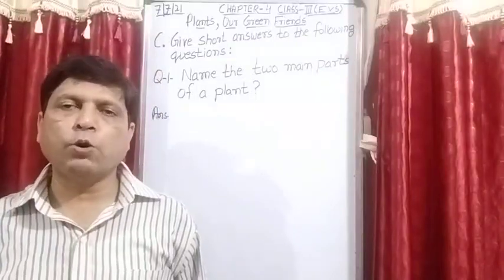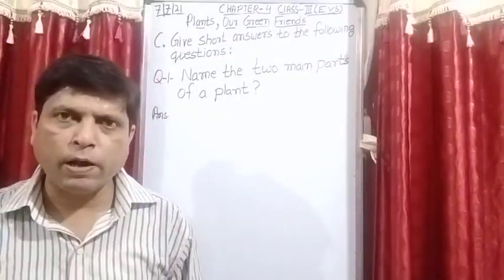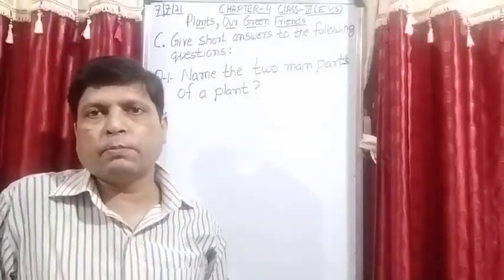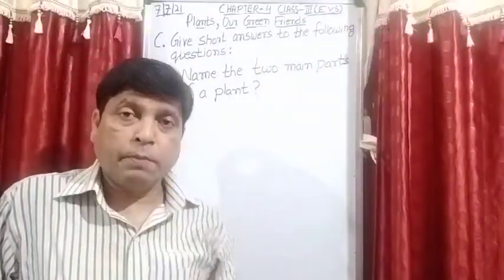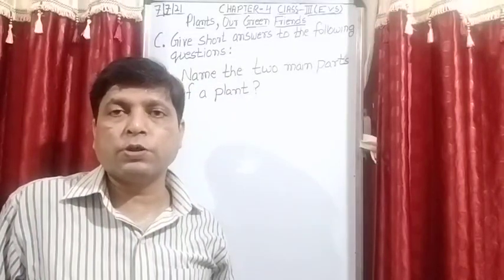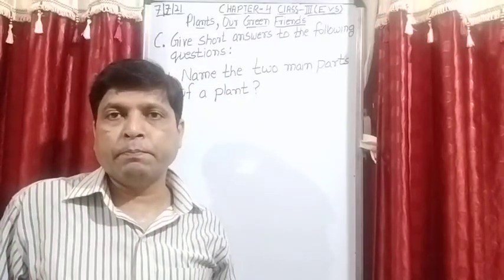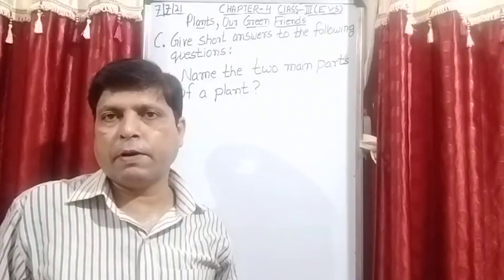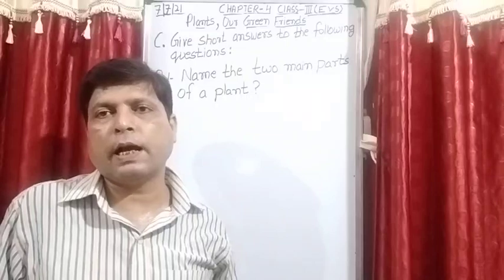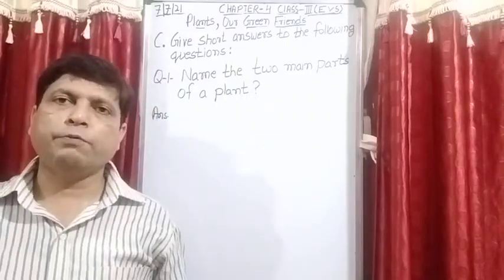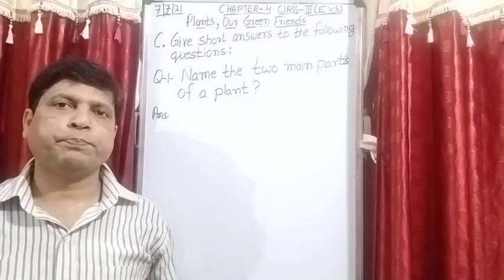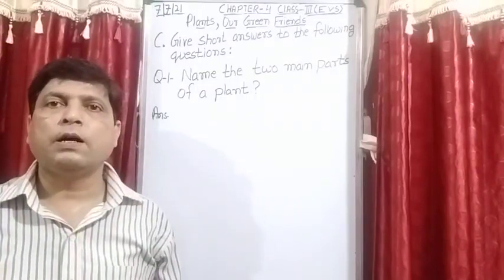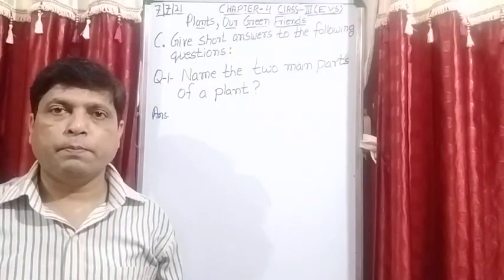The root system is below the ground, roots are in the soil, and the shoot system is above the ground. The parts present in the shoot system are stem, branches, leaf, buds, flower and fruit. And in the root system, root is present.